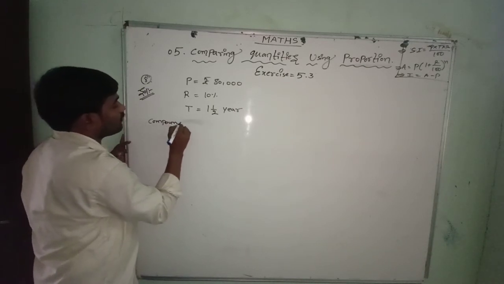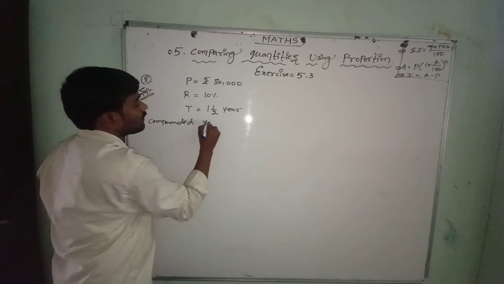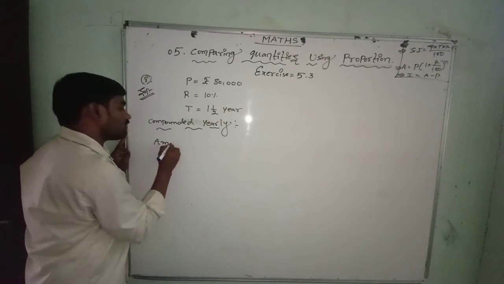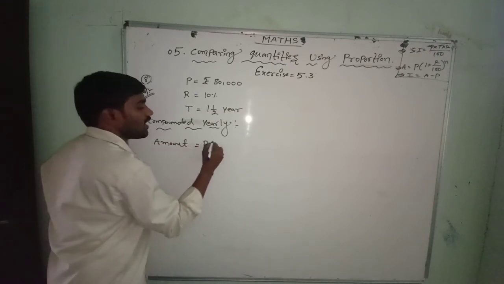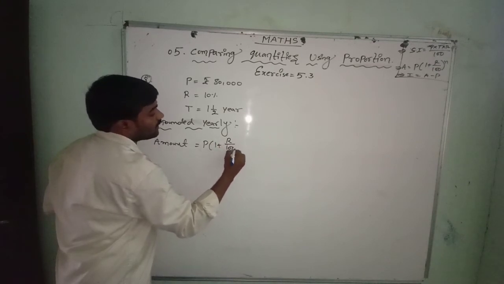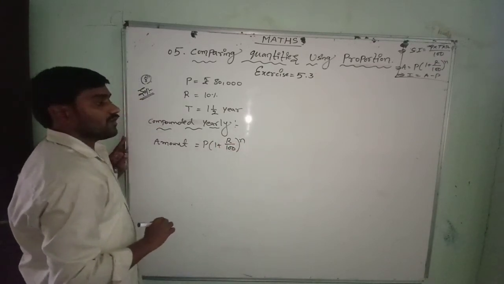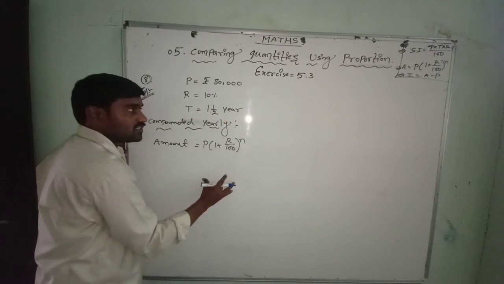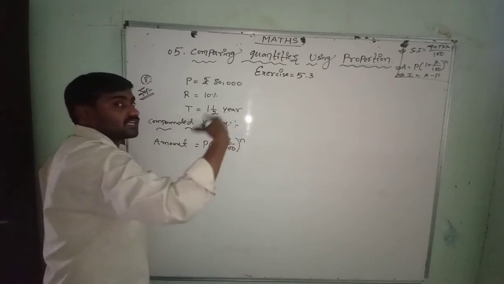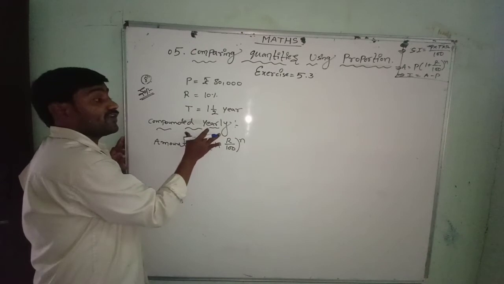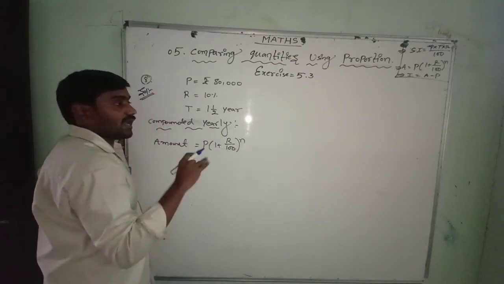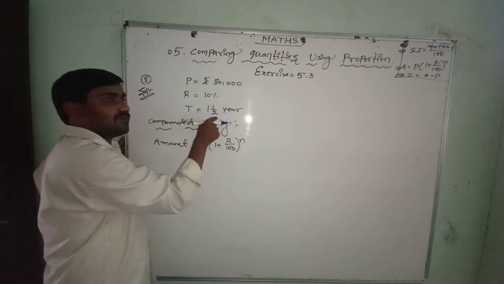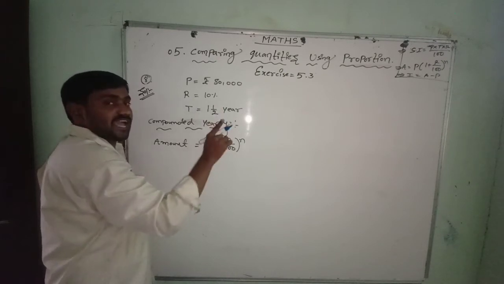For compounded yearly, the amount formula is P of 1 plus R by 100 whole to the power of n. Here we have 1.5 years, compounded yearly. For the first year he calculates compound interest, for the next 6 months, the half year, he calculates simple interest. Compounded yearly means he calculates interest only once a year, interest on interest. So for the first year compound interest applies, and then another year is not complete, only 6 months. So on these 6 months, he calculates only simple interest.